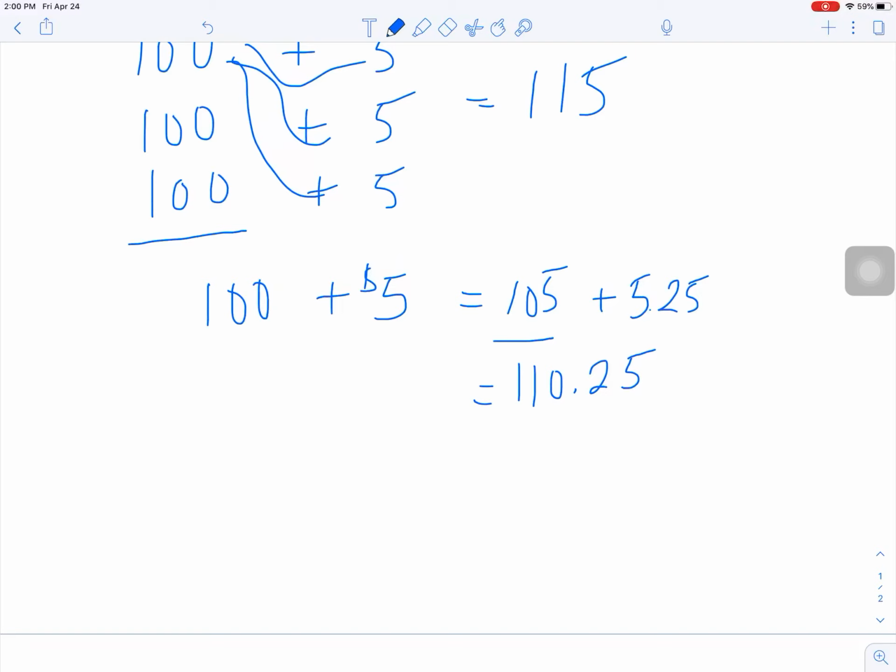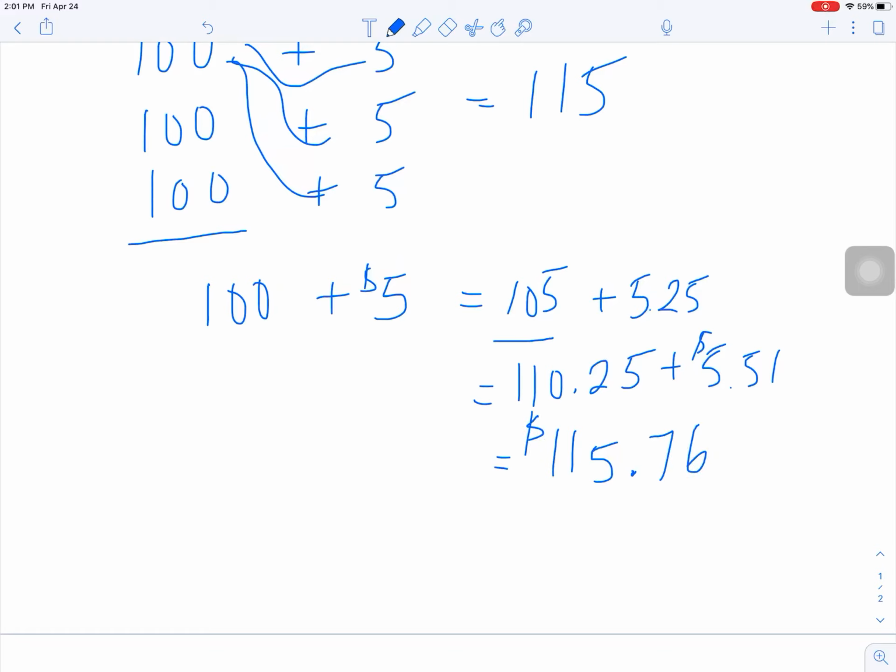The third year, you're going to have interest on that, which would add another $5.51. So after year 3, you're at $115.76. Okay, so that adds quite a bit.